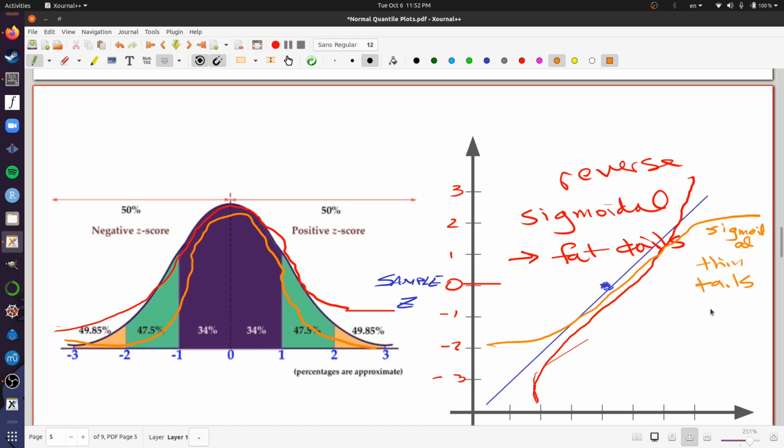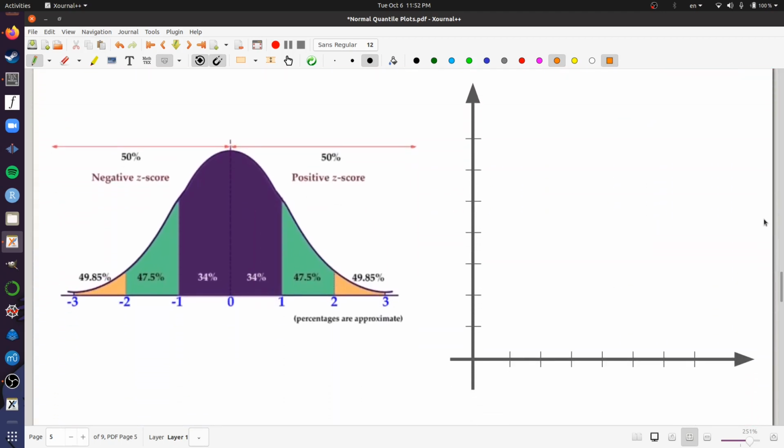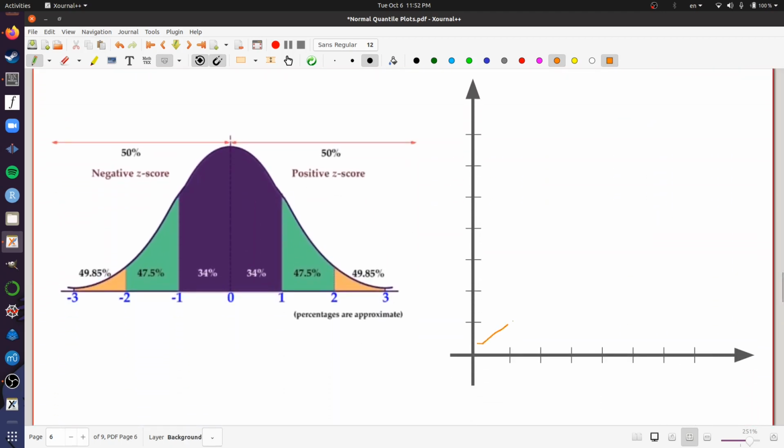But these are both symmetric shapes, reverse sigmoidal and sigmoidal. If my data are skewed, compared to the diagonal, if I have skew right, that means I have a heavy right tail. So we'll see a distribution of z-scores that stays near the line and then veers up. Typically for skew, you'll see a curvature of this kind.